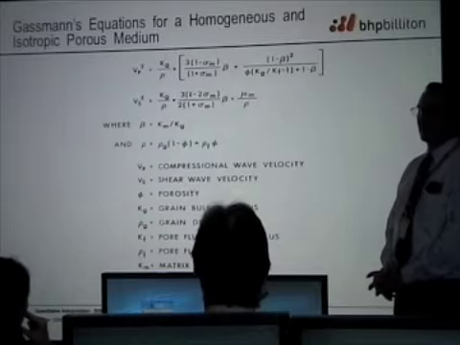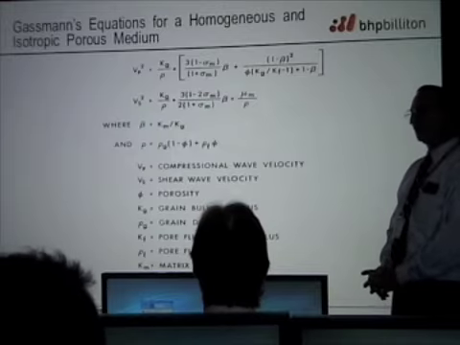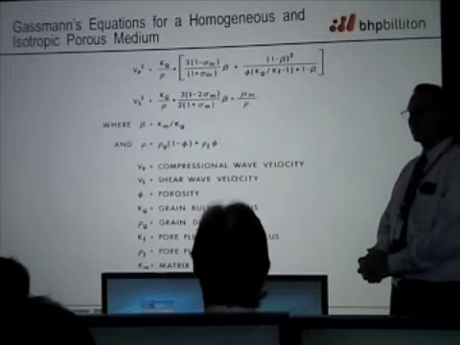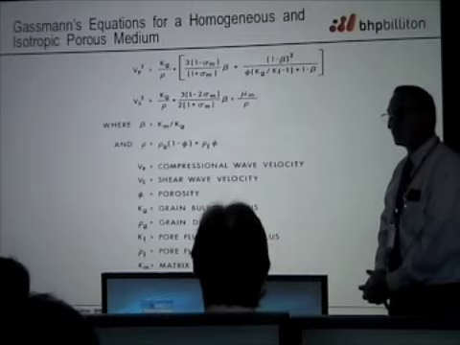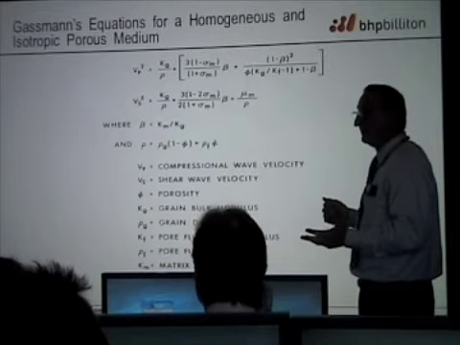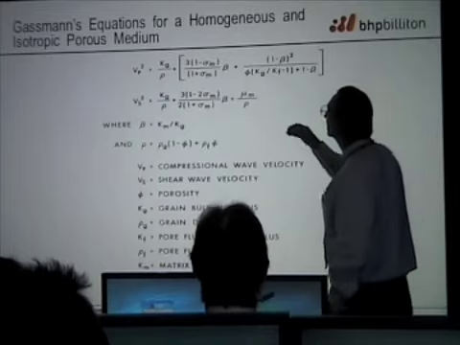Okay? Suppose, like we said, you had no porosity at all, then K of M is K of G and beta is 1. So let's think about low porosity rocks where beta is close to 1. What happens?